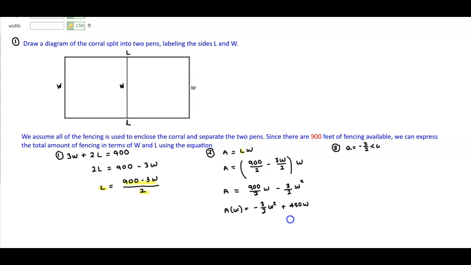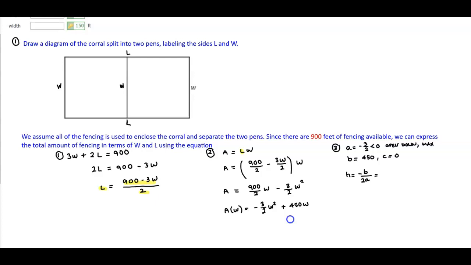Since that's less than 0, we know it's opening down, and that tells us it has a maximum point. We also know that B represents 450 and that C is equal to 0. So now we can find the vertex, where H is negative B over 2A.